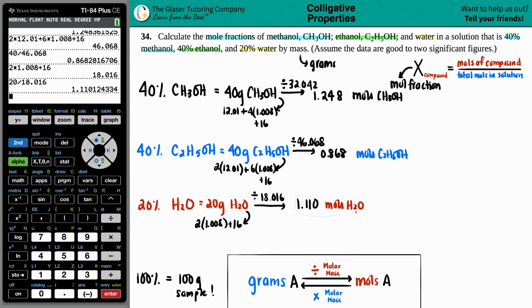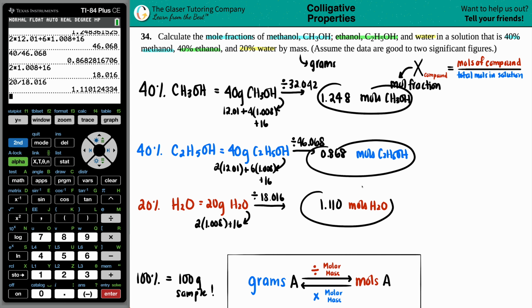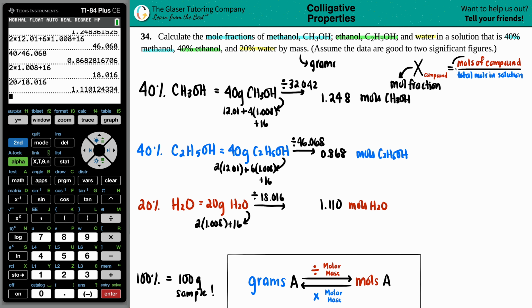Okay, so maybe what I'll do is I'll just move them a little bit. Okay, so now we have the individual components, right? That's the numerator. The moles of the specific compound go on the numerator. So let's start making our mole fractions.